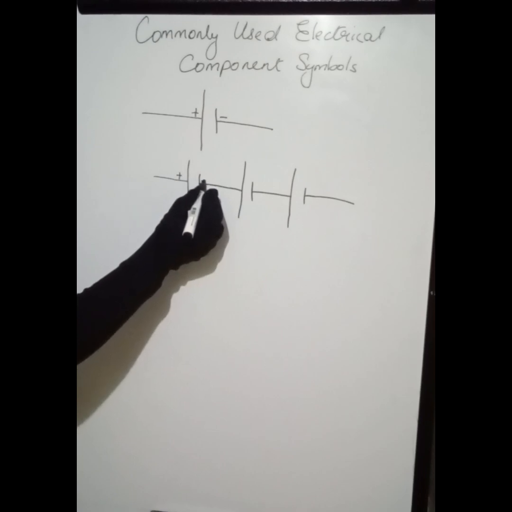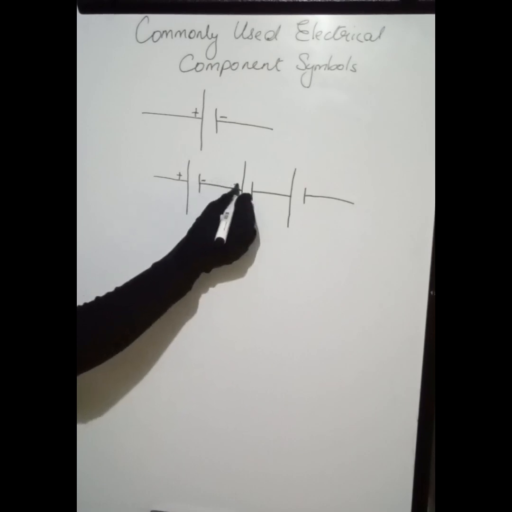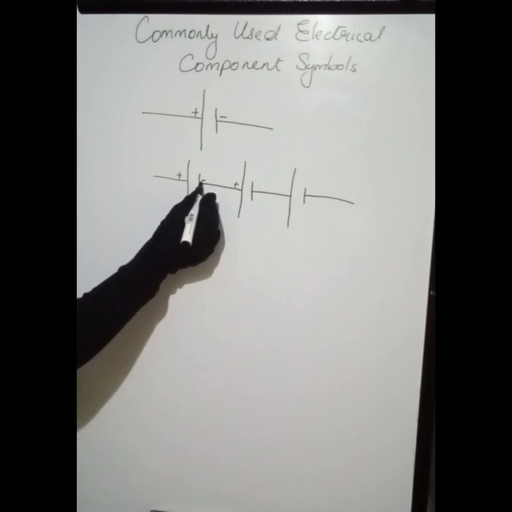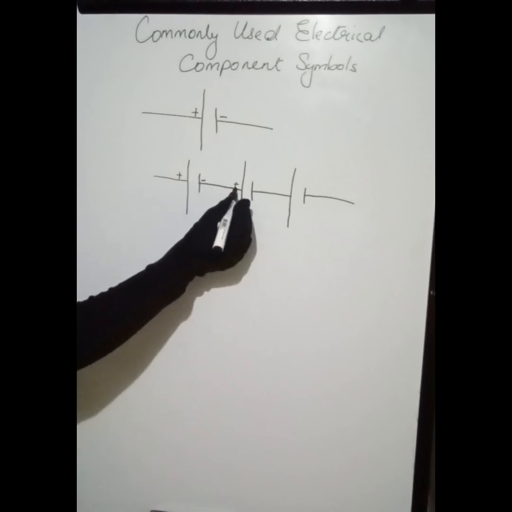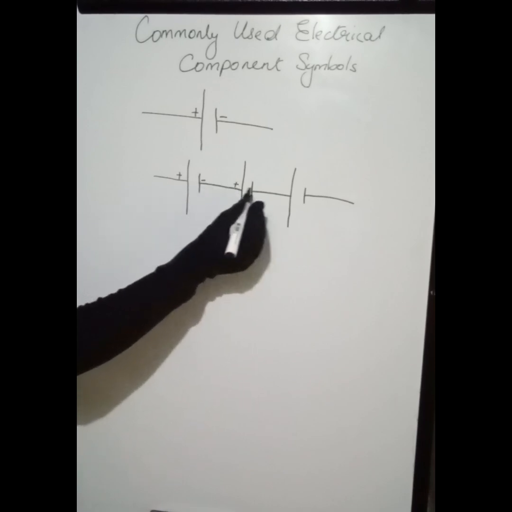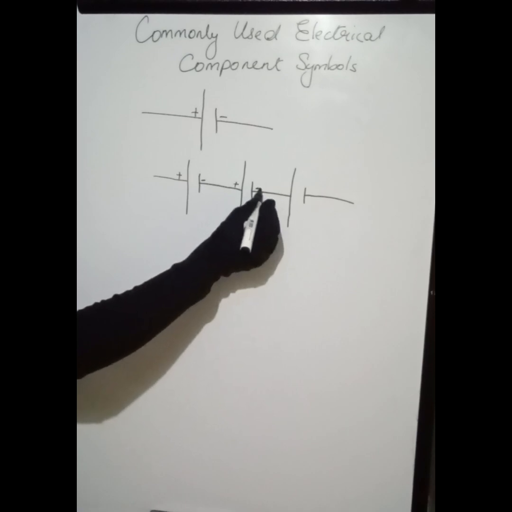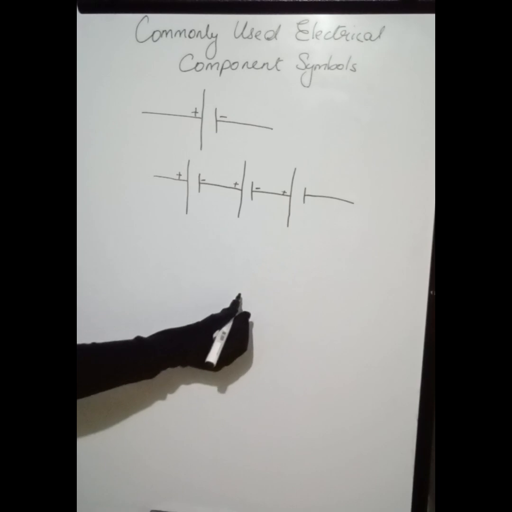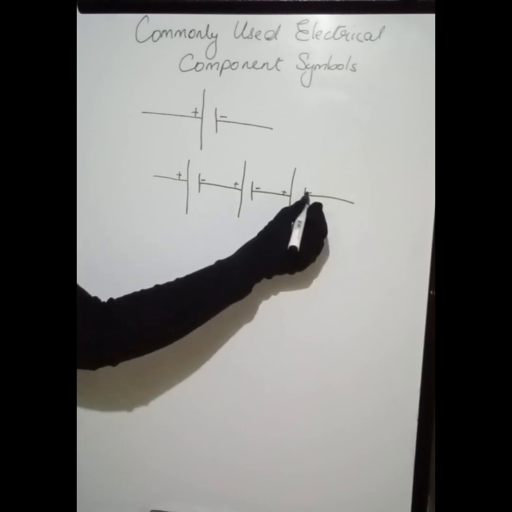The next cell which is in combination would always be connected to the opposite pole. For example, the negative side of the cell will be connected to the positive side of the other cell. Similarly, the negative side of the second cell will be connected to the positive end of the third cell, and so on.